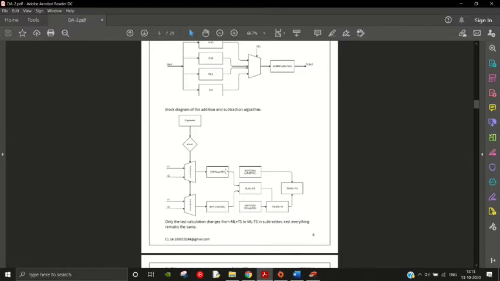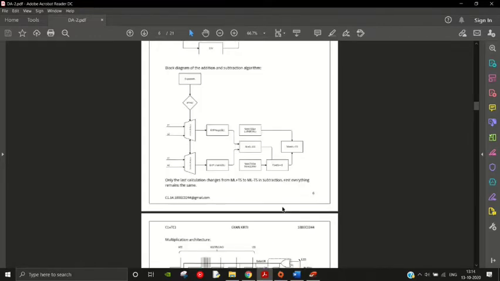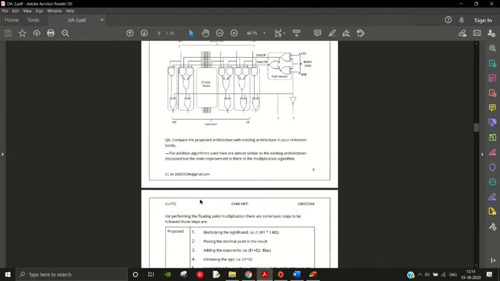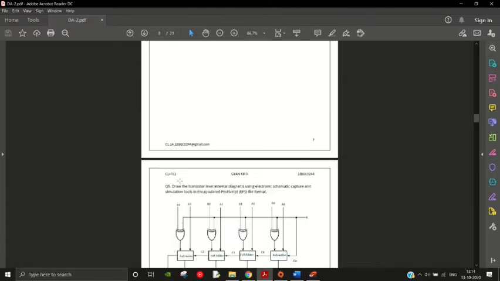Now we check which is large or small. Then it is sent to the select line, SL equals EL minus ES, the two outputs that we get from the multiplexers. Now this is sent for further subtraction. Now this is the multiplication architecture.